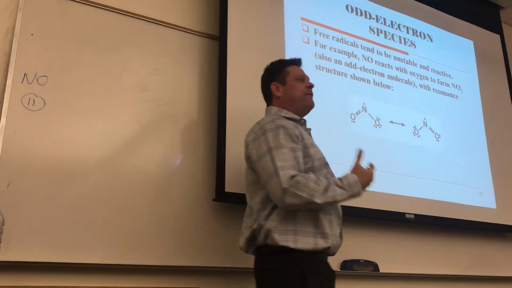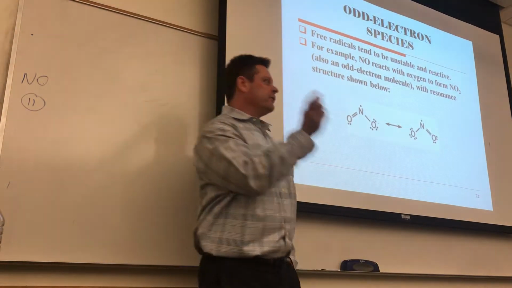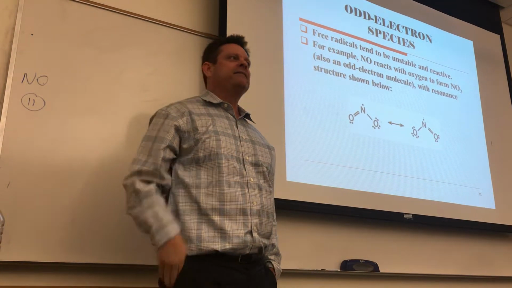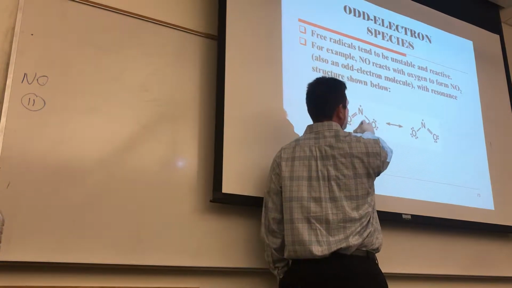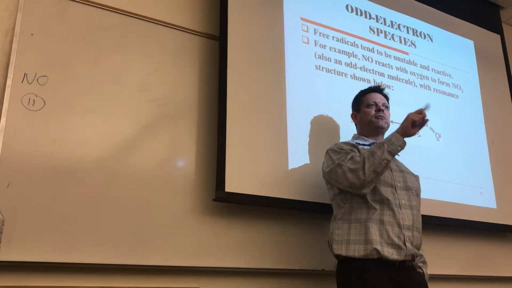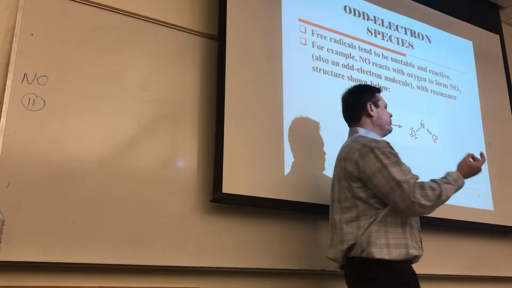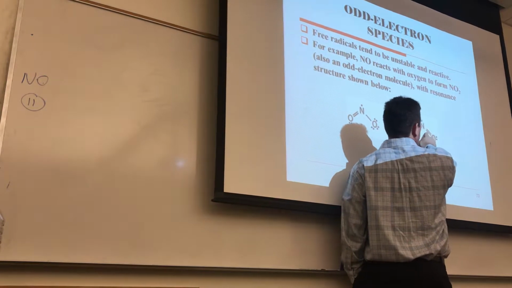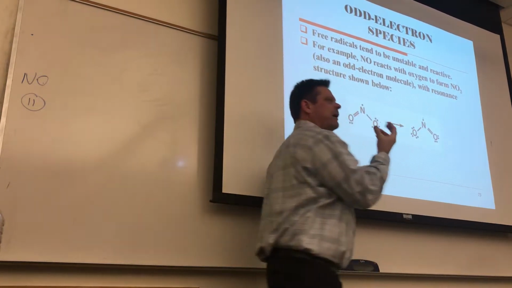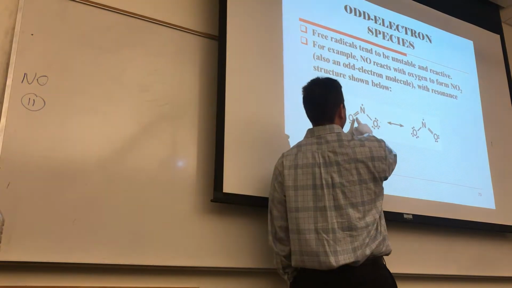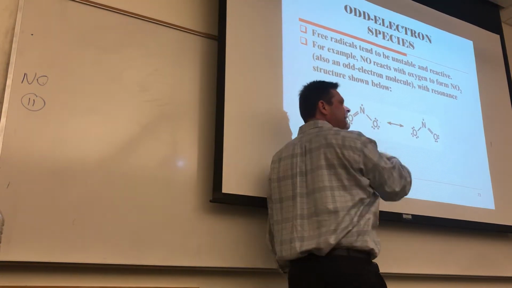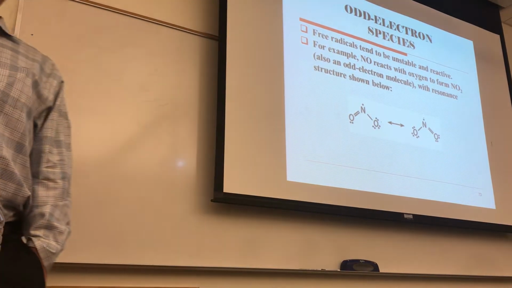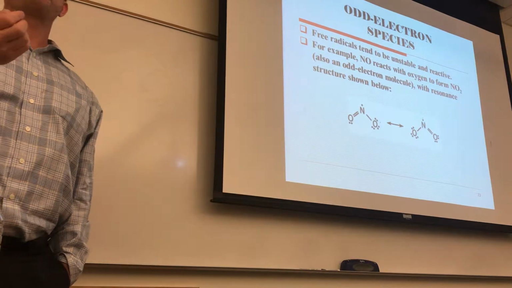Correct. That means if I looked at the distance in picometers between this and this, I should see a 50-50 mix if I have both structures. But instead, I find more of a hybrid between the two in terms of length, so I know it's more shared. That makes more sense anyway, because if the electrons are localized here and here, then only those two areas are absorbing the electron density. If it's distributed throughout both, then I delocalize that electron density, and that creates a more stable compound. That's something we talked about Tuesday.